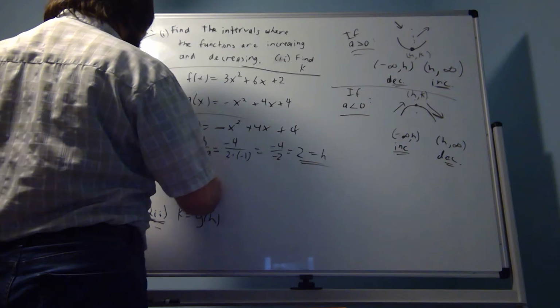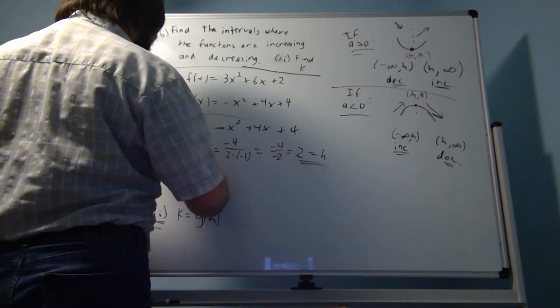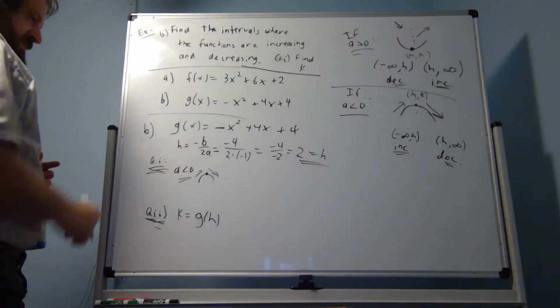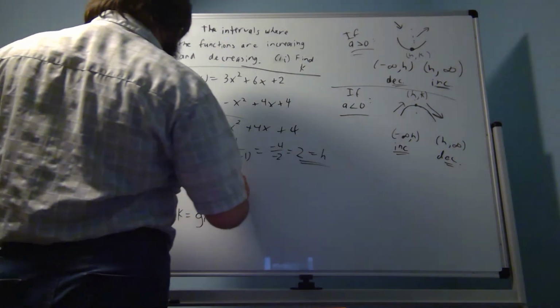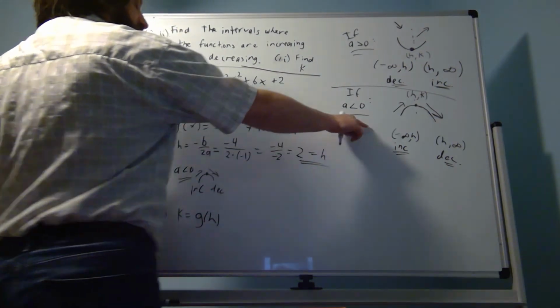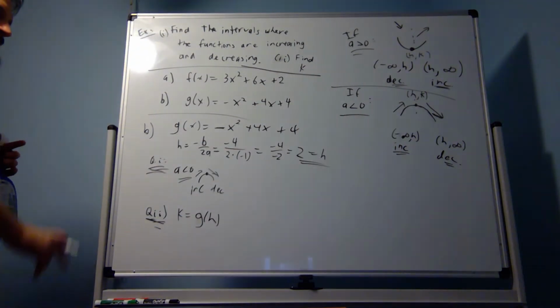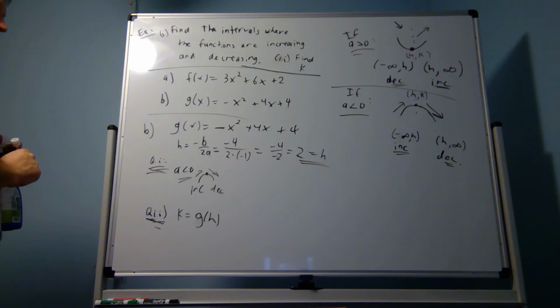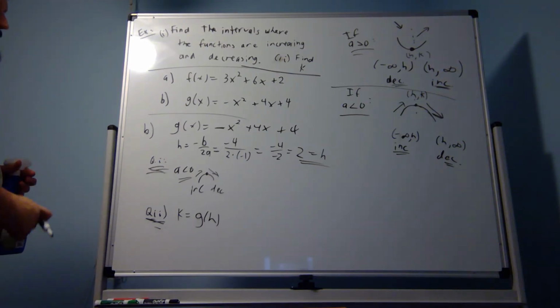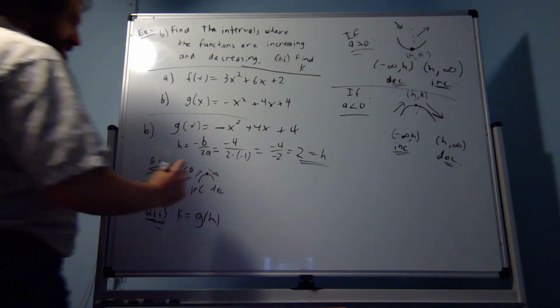A is negative, so it's increasing and then it's decreasing because it's opening downward. Here's a summary on the far right. If a is negative, then the vertex is a maximum, which means you're increasing, and then you hit the maximum, then you go down.